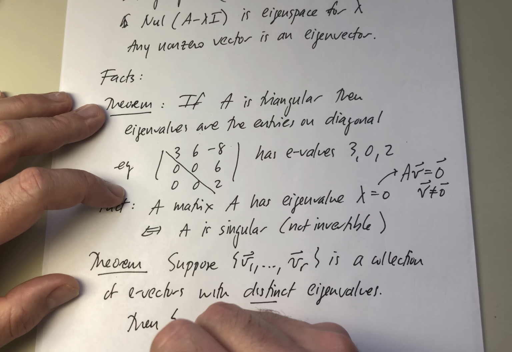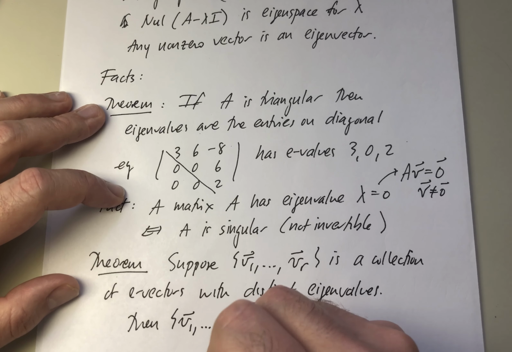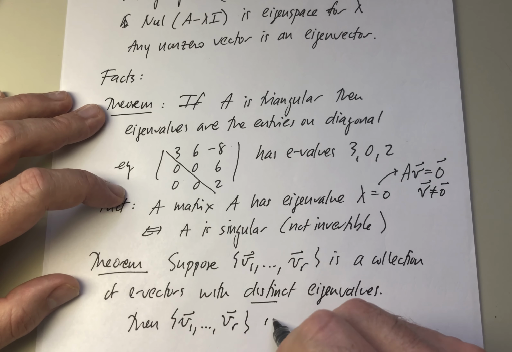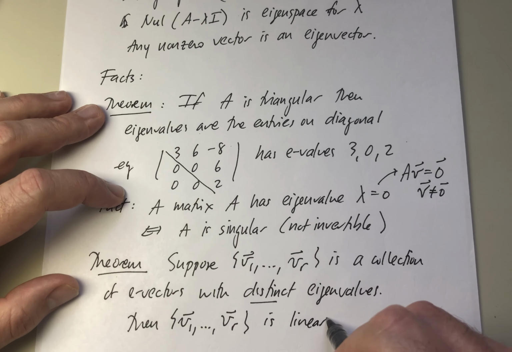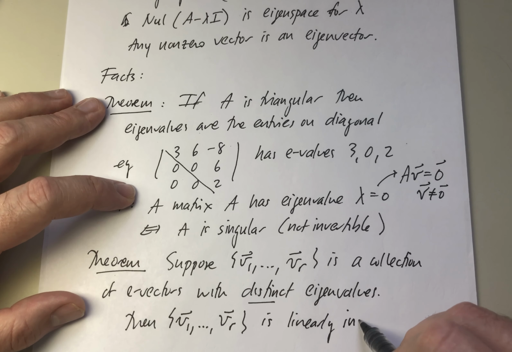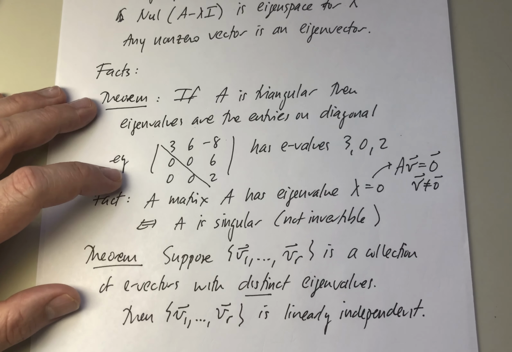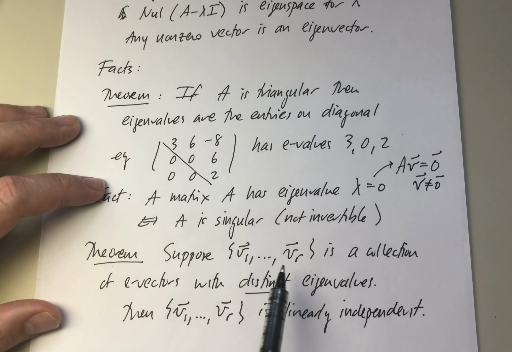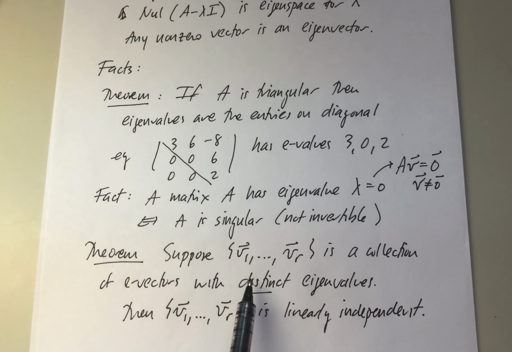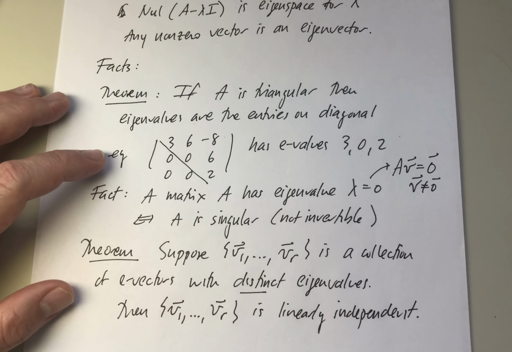Then this collection is linearly independent. This is going to be a useful fact for what we do in the following lectures. One more time, if you have vectors that are all eigenvectors with different eigenvalues, remember every eigenvector comes with an eigenvalue, and they're all distinct numbers, then that set is linearly independent. We'll pick up more on this next time. See you then.